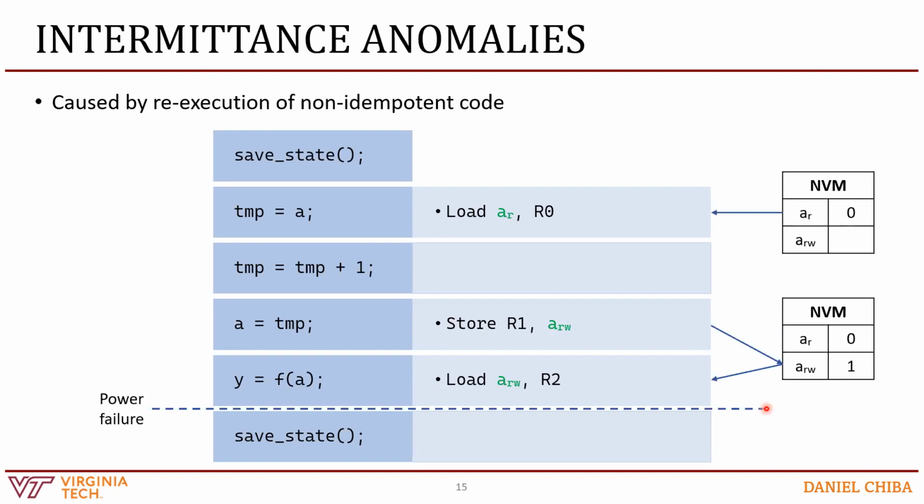Now, if we lose power here, at the same location as previously. Remember on restart, your ARW is 1, but it's still going to read from AR, which is 0.